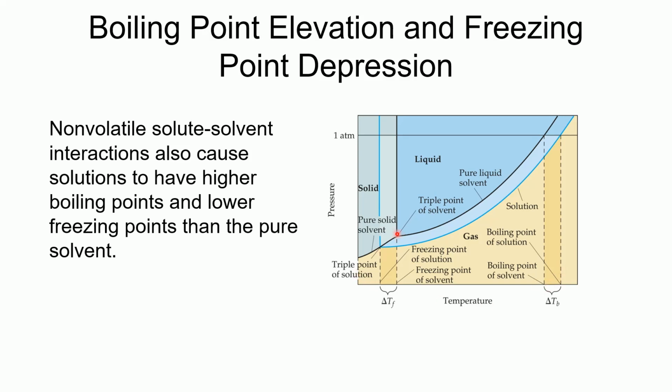And so you can have a decrease in the freezing point. Sometimes that freezing point depression can be very small, sometimes it can be very large. It really just depends on what your solvent is. But the formula for calculating that freezing point depression is going to be very similar to the formula for calculating the boiling point elevation. So now I want to show you what those formulas look like.